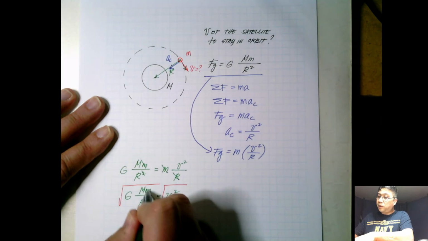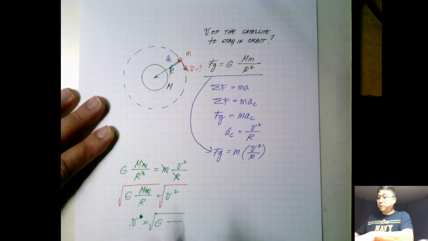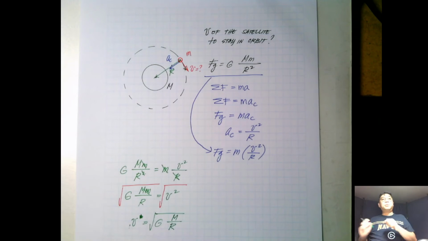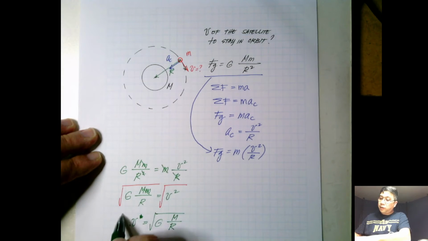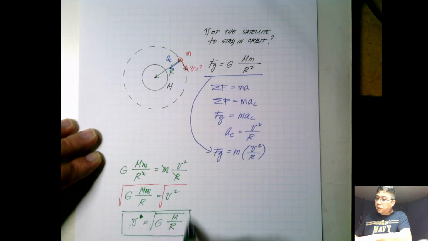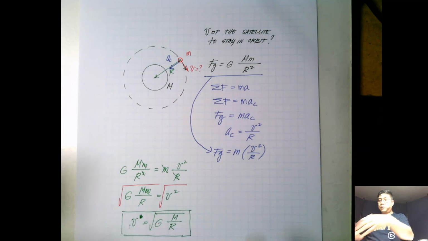That was my fault. All that's left is the uppercase M over r. So this will be our equation to solve for the minimum velocity in order for it to stay in orbit.